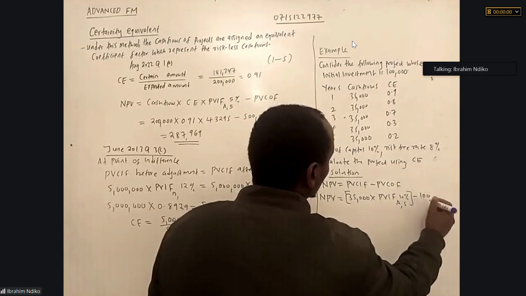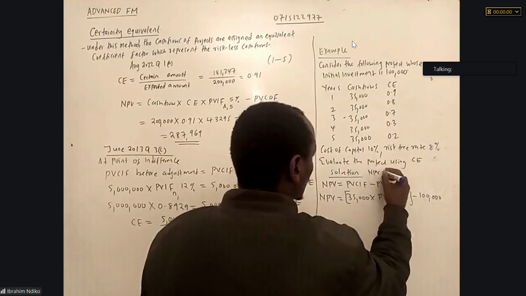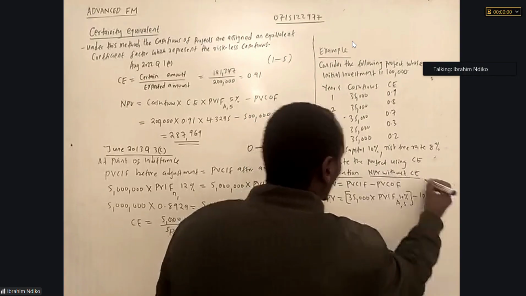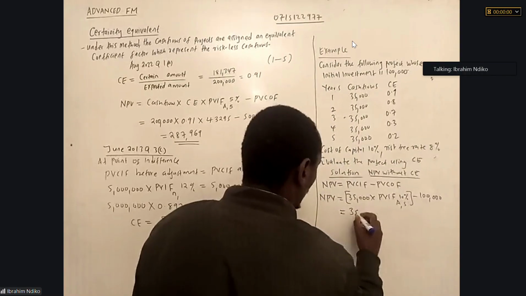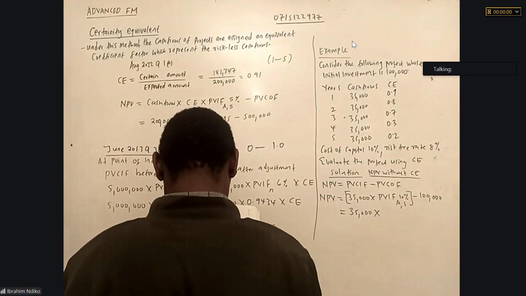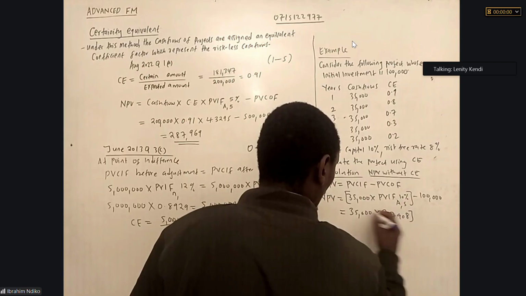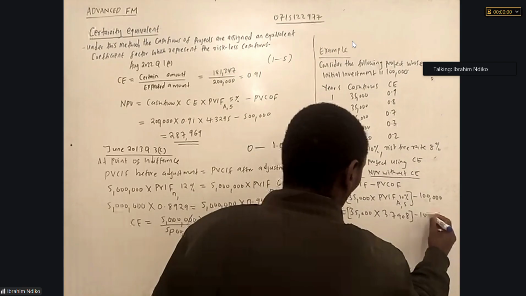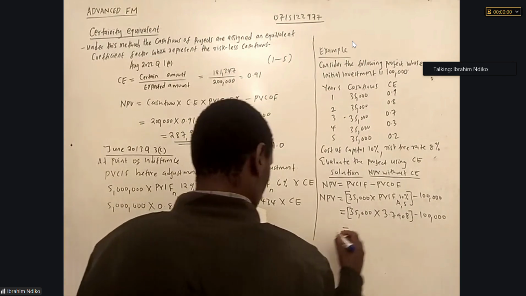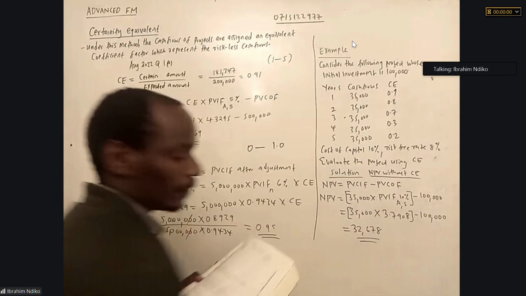So that one is NPV without CE. From the table, 10% for 5 years, 3.7908. So what would be the value of NPV? That's the correct value.